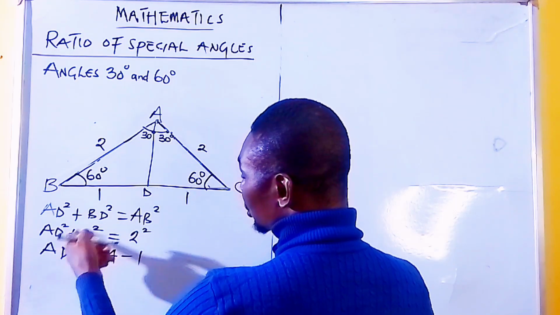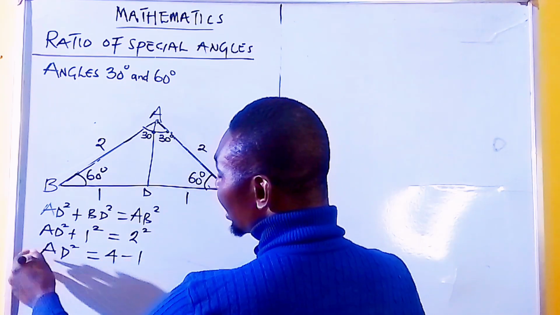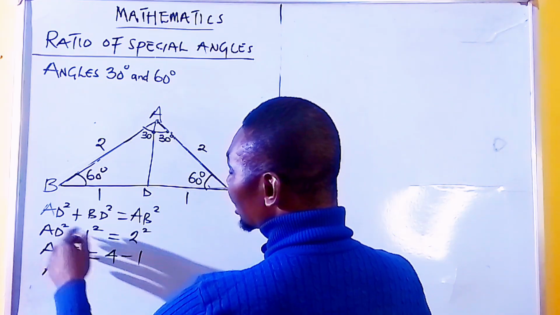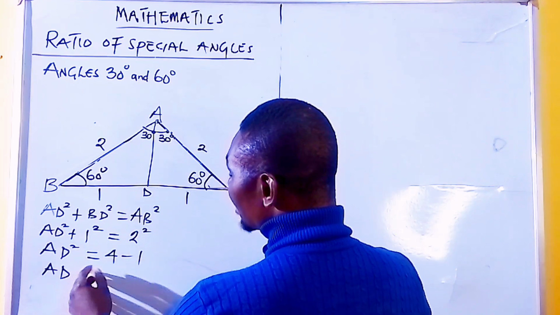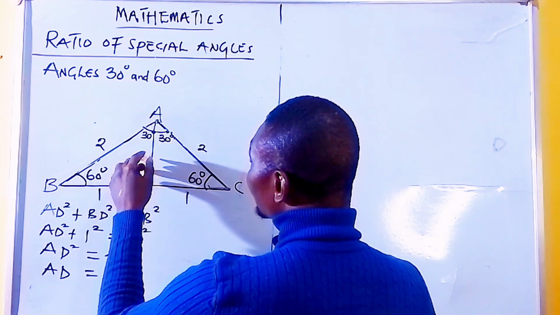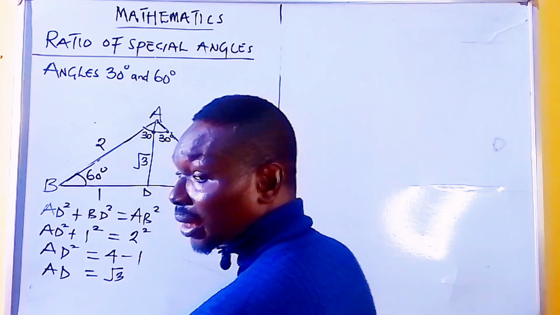Taking the square root of both sides, it becomes root 3. So it means that our AD becomes root 3.